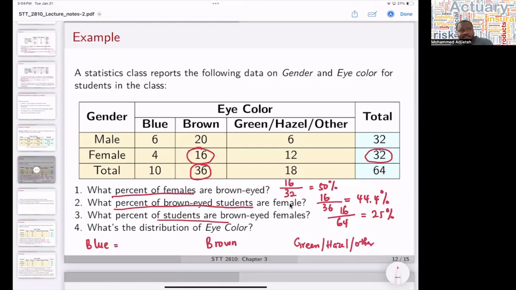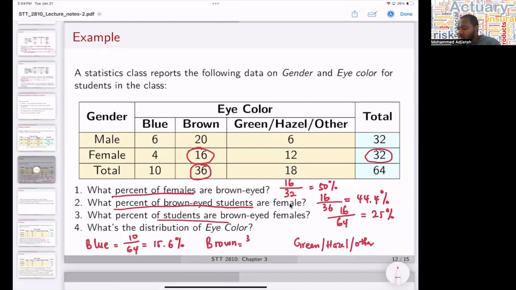Okay. And so how many people are blue-eyed? That is going to be 10 over 64. So 10 out of 64 represents 15.6%. How many of them are brown eye color?